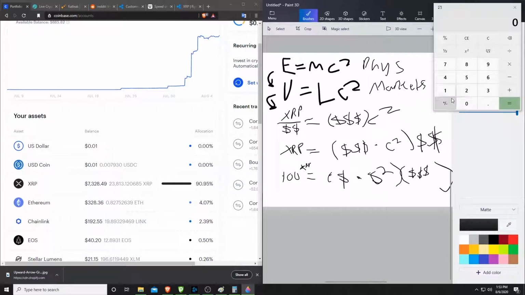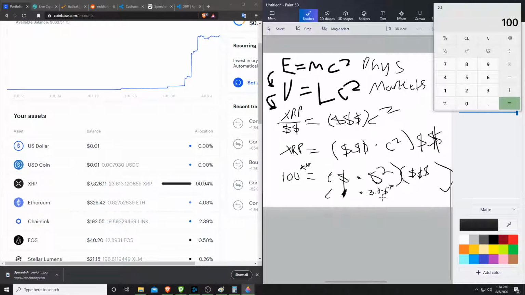So 100 XRP is equal to $1 times 3.0 times e to the 7th, I think.